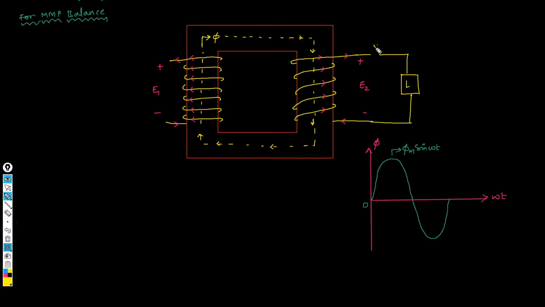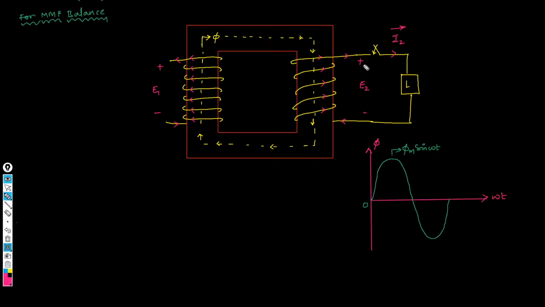Whenever you close this switch, current I2 starts coming out of this terminal and enters the load, which is why I have taken plus here and minus here. So the current direction is this way, and it is I2 on the secondary side.